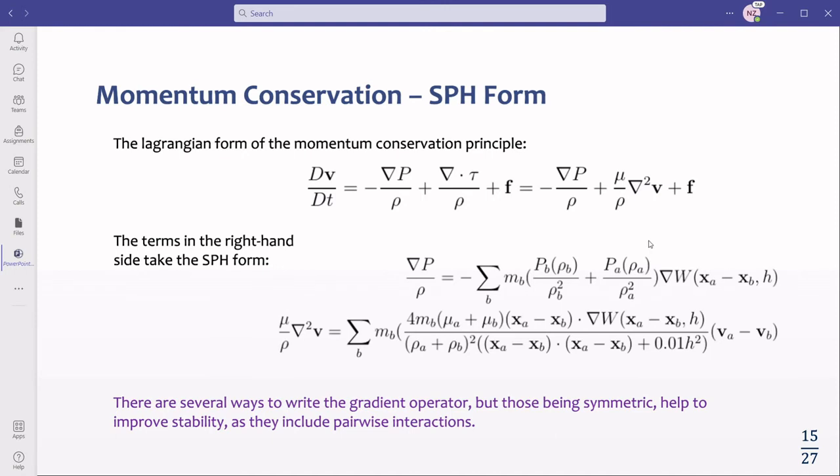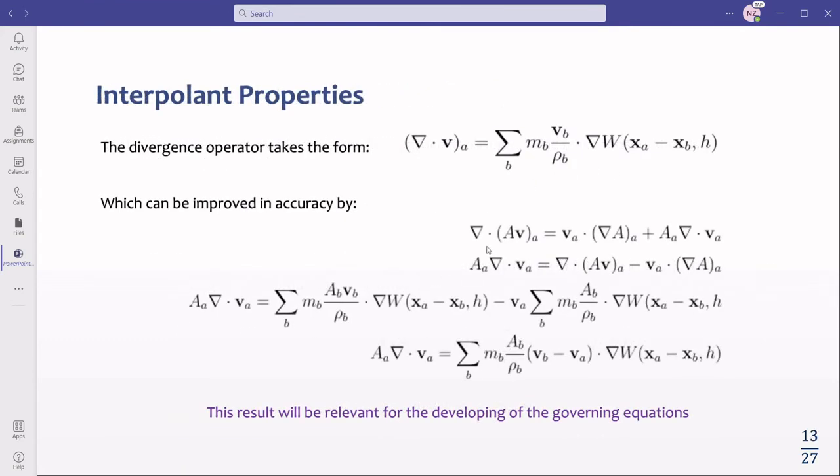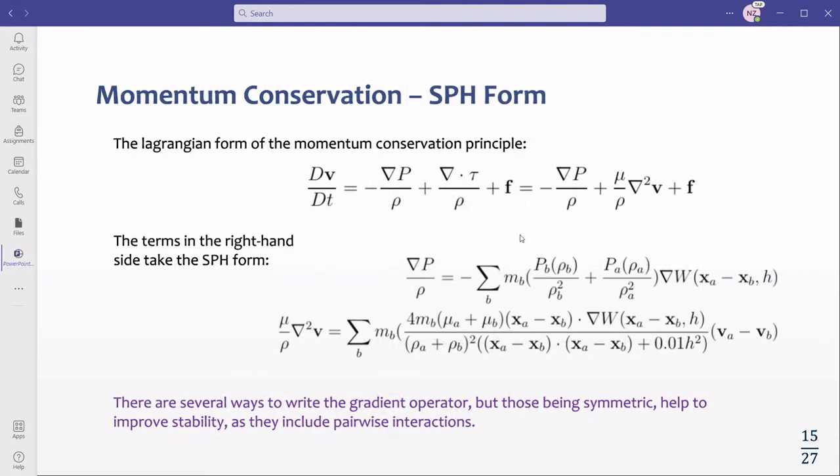This is a procedure that is quite similar to what we did before, but instead of the divergence of the velocity, if you see, instead of having property A multiplied by V here, we can have the same expression, the gradient of pressure over density.